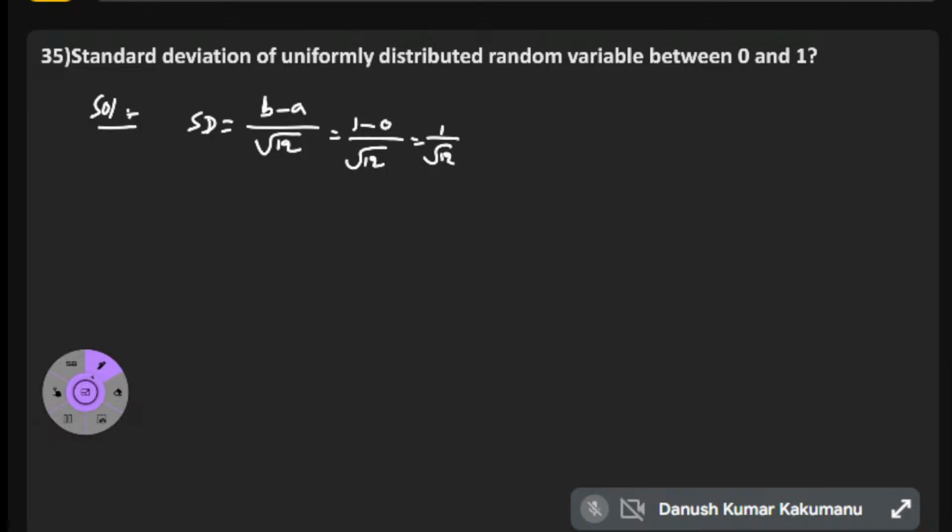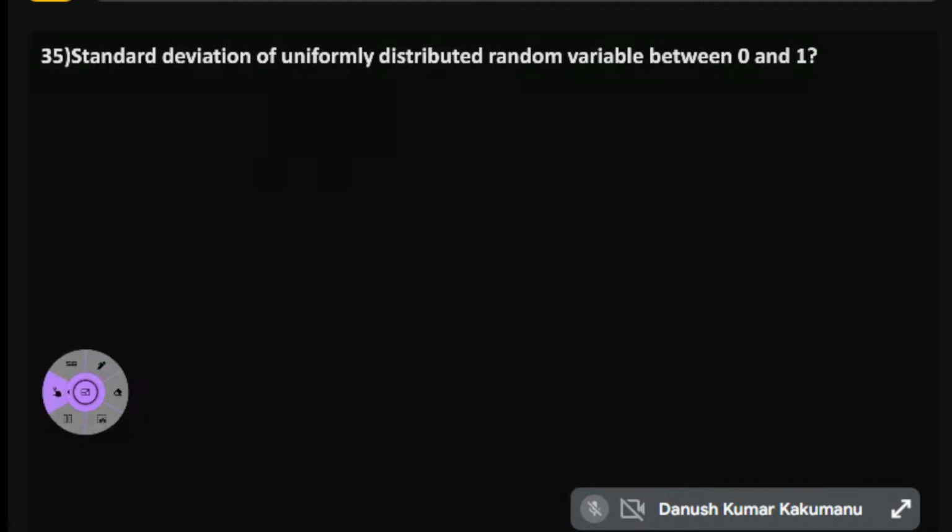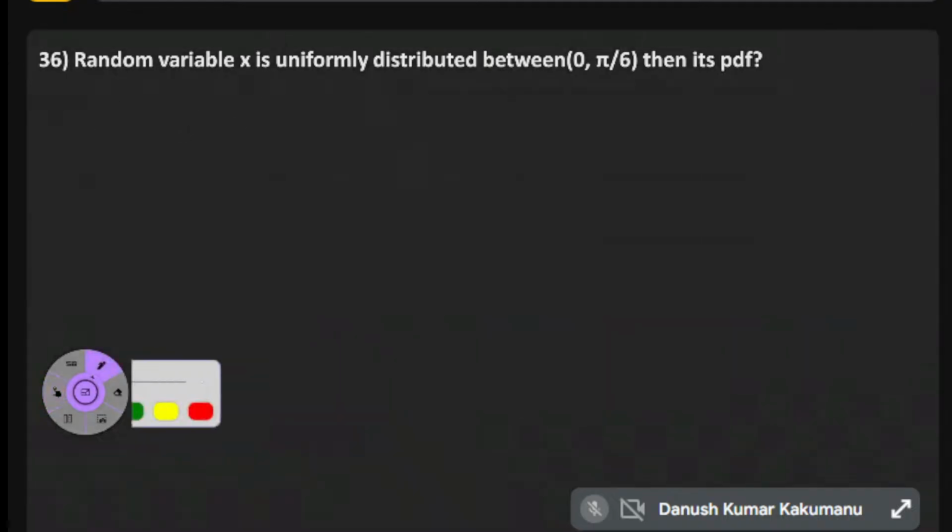Let us move to the next question. What is the answer for this one? He is asking for the PDF.